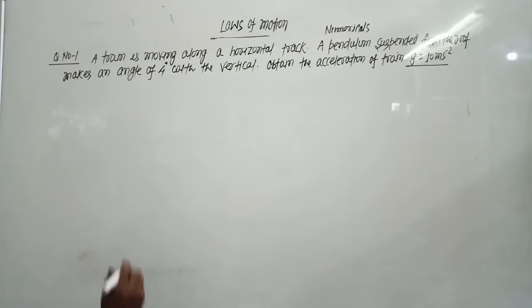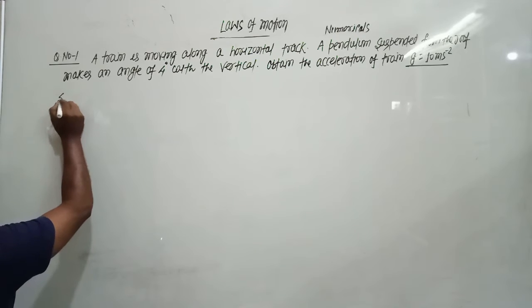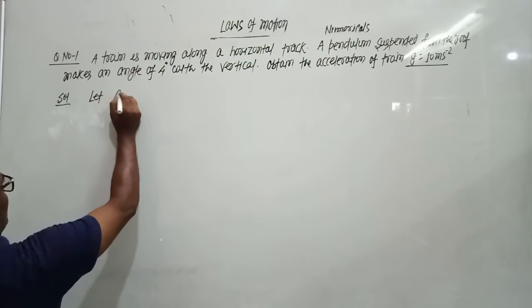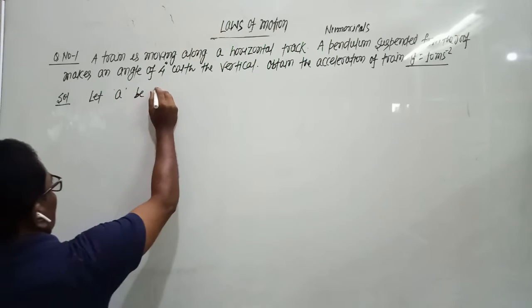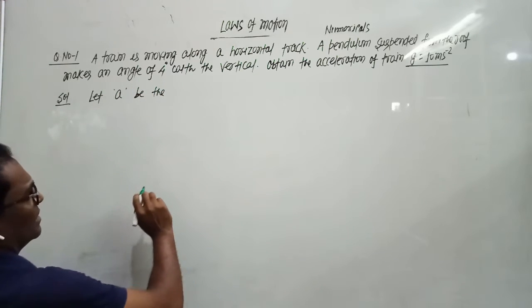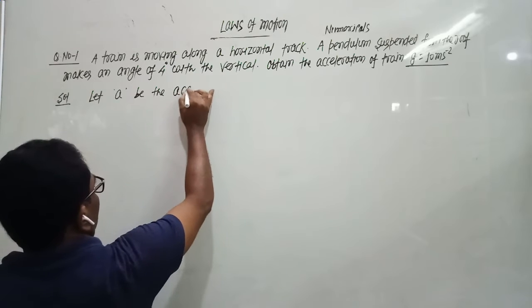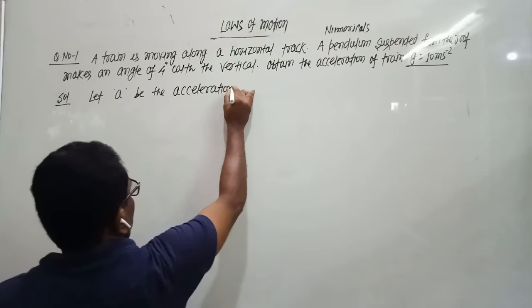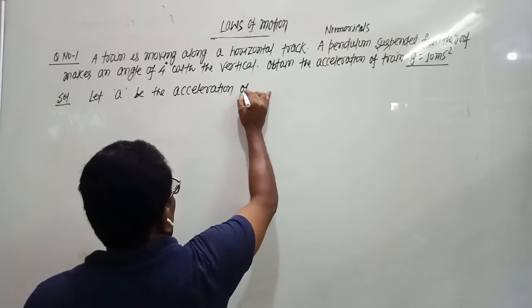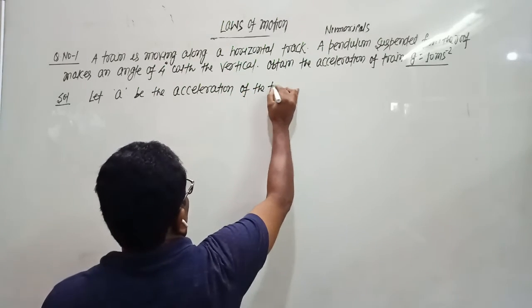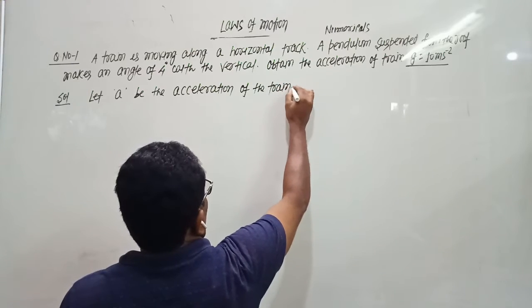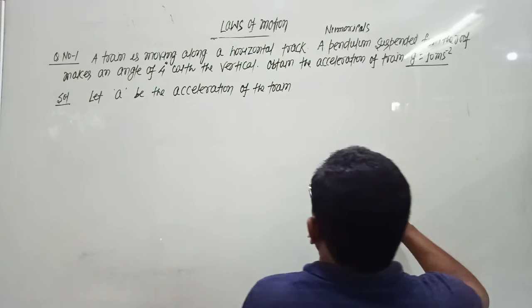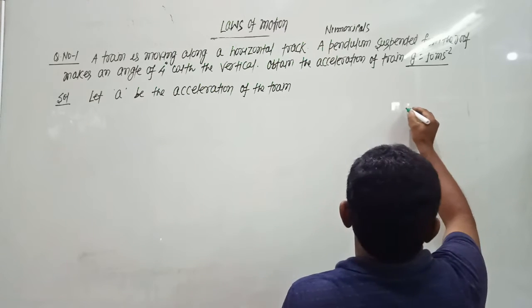Let A be the acceleration of the train. And the pendulum is suspended from the roof.